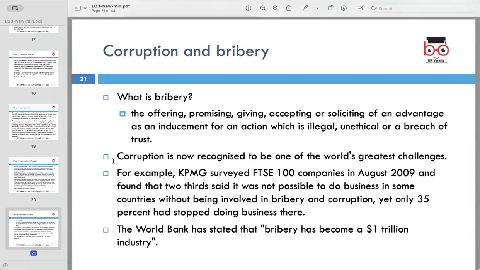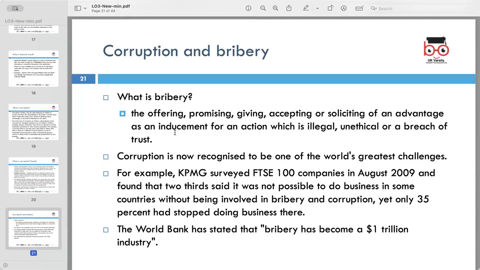Again, bribery, as I said, is the offer, promising, giving, acceptance, or soliciting of an advantage as an inducement for an action which is illegal, unethical, or a breach of trust. Corruption is recognized to be one of the world's greatest challenges.